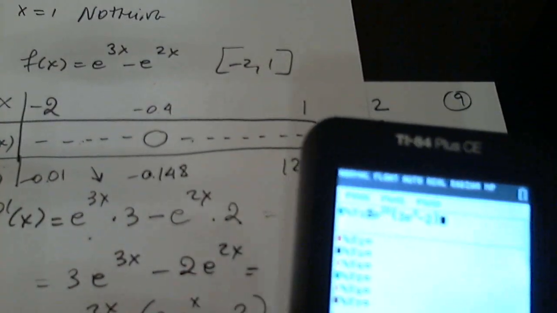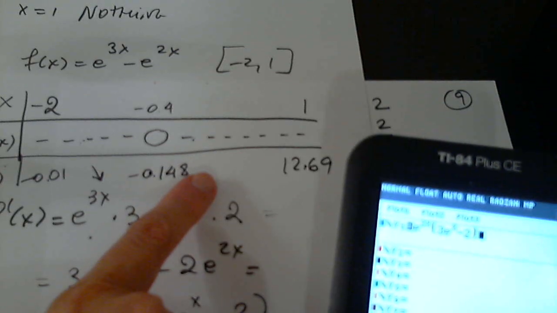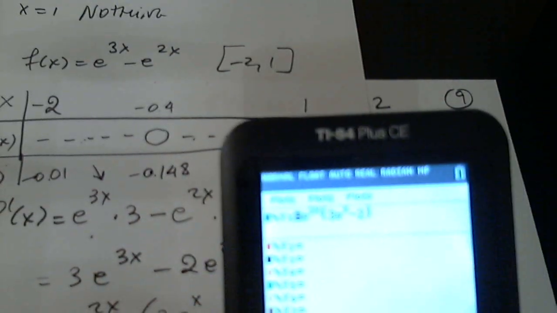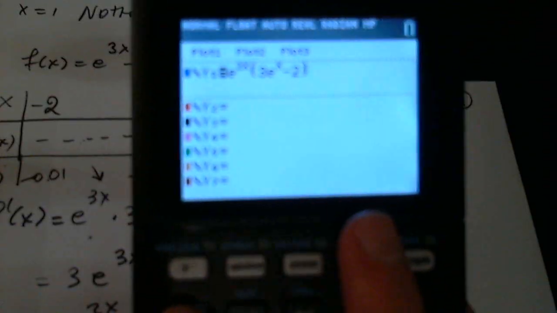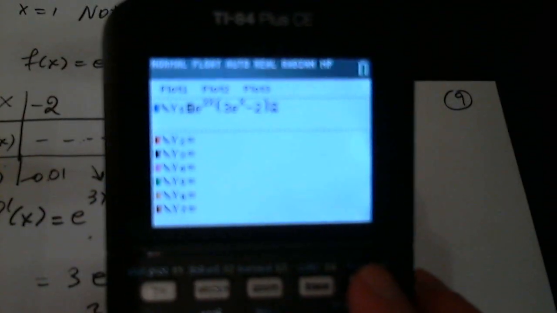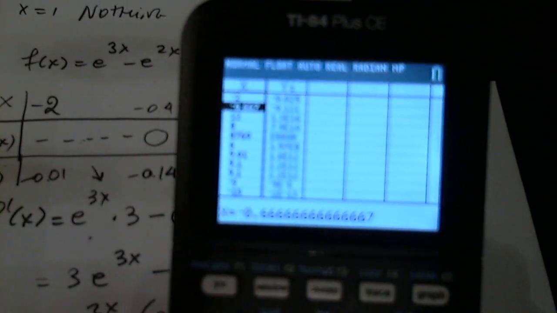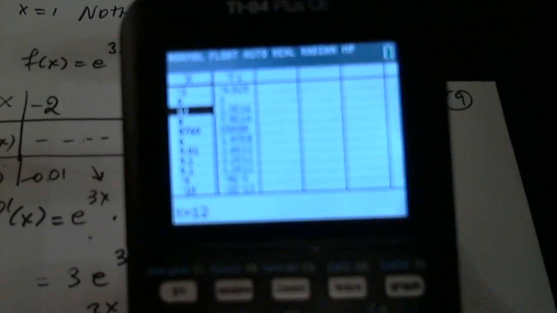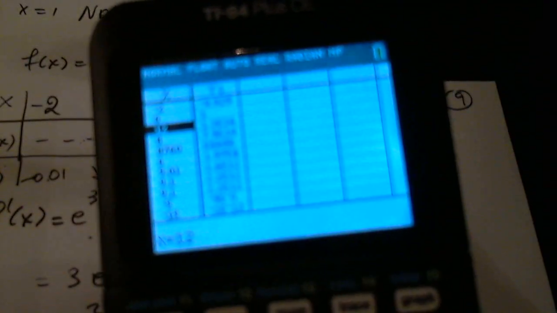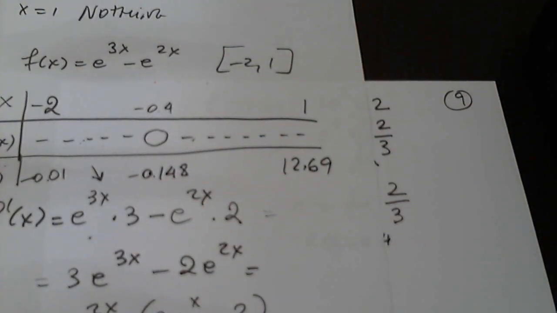And in the derivative, plug in negative 2, plug in 0, and plug in 1. I don't know if you can see this or not. So second and table, and plug in negative 2. That's correct. We get a negative number. Plug in 0. See? The software has a problem. So at 0 and at 2, it's positive. But that's not what the software gives, which is a big issue here.